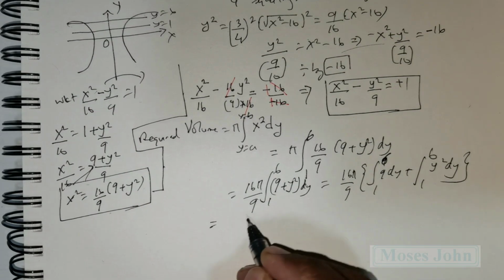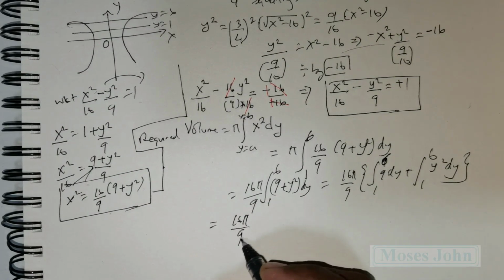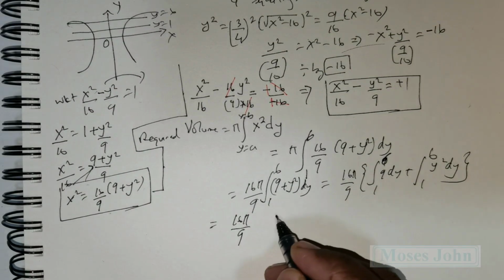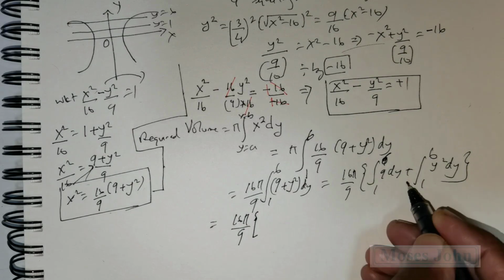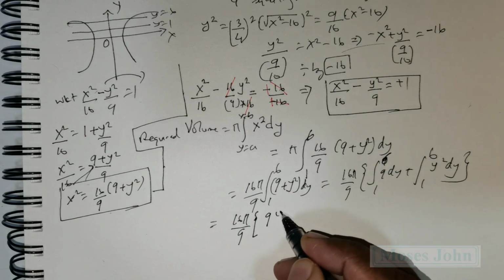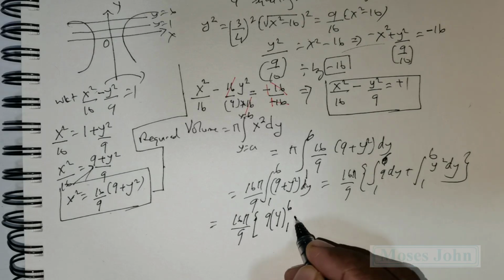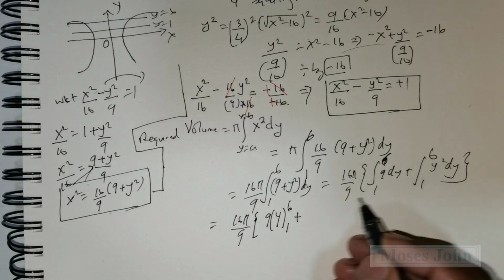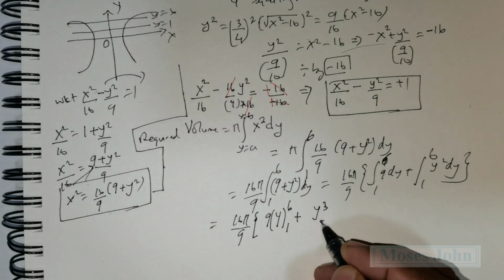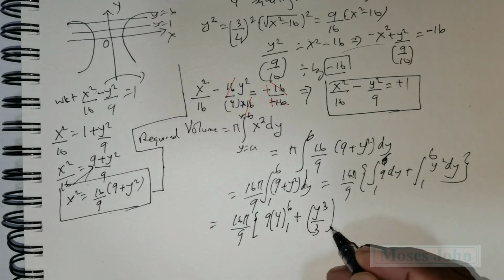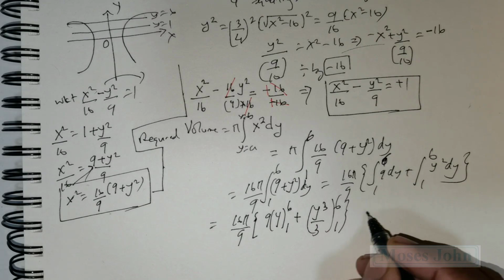The integral of 9 dy will give you 9y, which has to be substituted within the limits 1 to 6, plus the integration of y squared, which gives y cubed divided by 3, with the limits being 1 to 6.